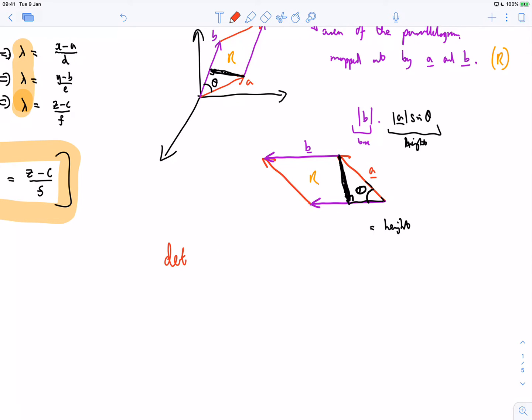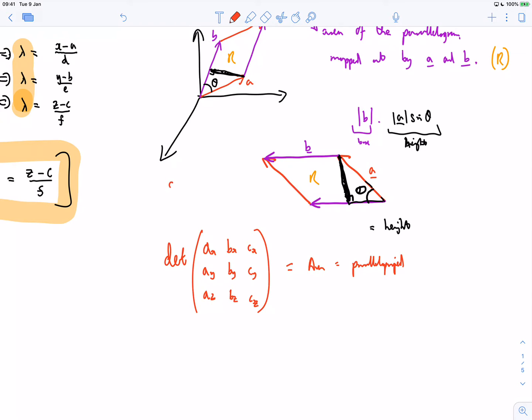So the determinant of, and then we'd have ax, ay, az, and then bx, by, bz, and really we'd need a cx, cy, cz. If we're talking in 3D, that would be the volume of what's called the parallelepiped.